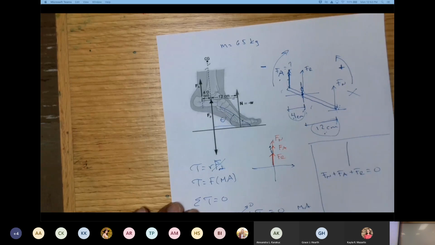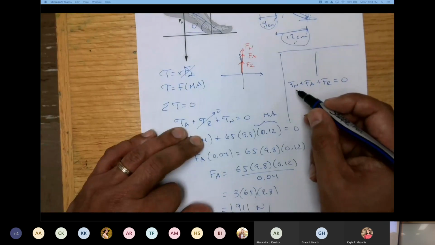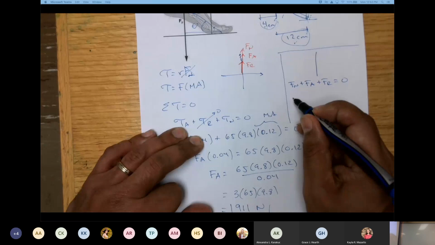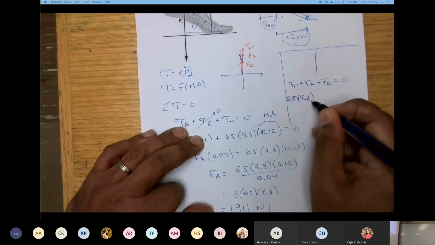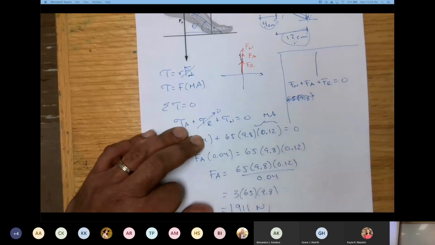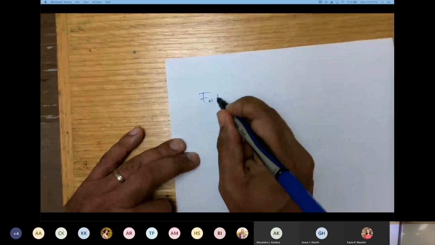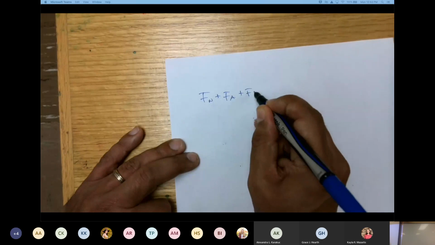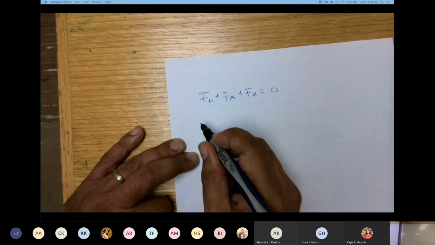The normal force is 65 times 9.8, which is 637 newtons.